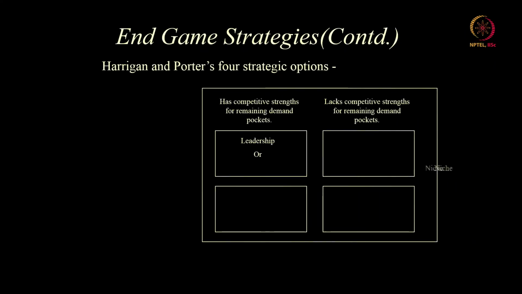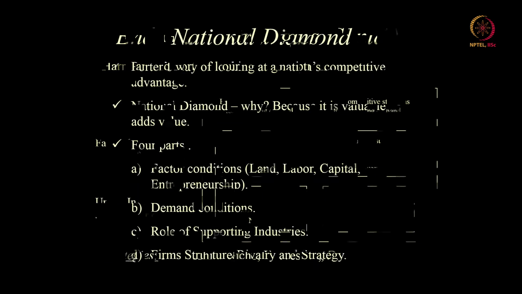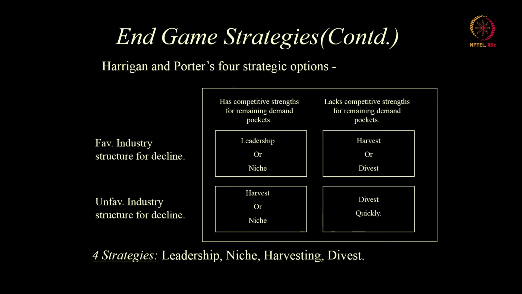If you really see, we looked at the end game strategies. The end game strategies with respect to the strategic options which I just gave you are represented in this particular slide under 4 blocks. The 4 blocks are given under leadership, niche, harvest and divest, which we discussed with respect to this Ambassador car in the Indian context.